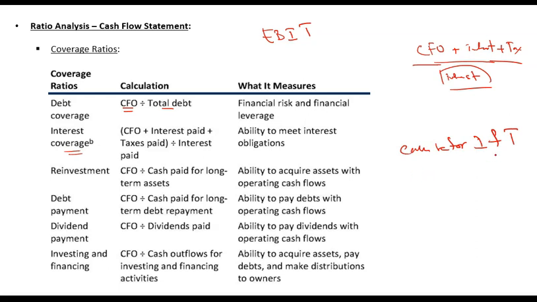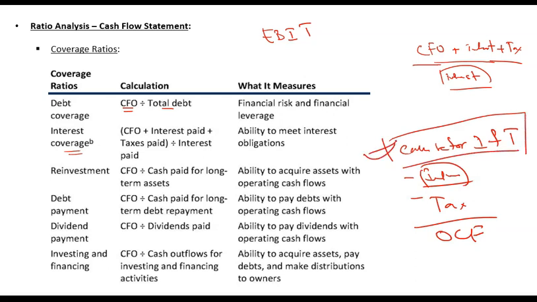So you have cash before interest and tax, then you pay interest, then you pay tax, and then you arrive at OCF. So this interest has to be paid from this cash, that is cash before interest and tax. That's why in the numerator you take cash before interest and tax, that is OCF plus interest paid plus tax paid, and then you divide it by interest paid during the year.